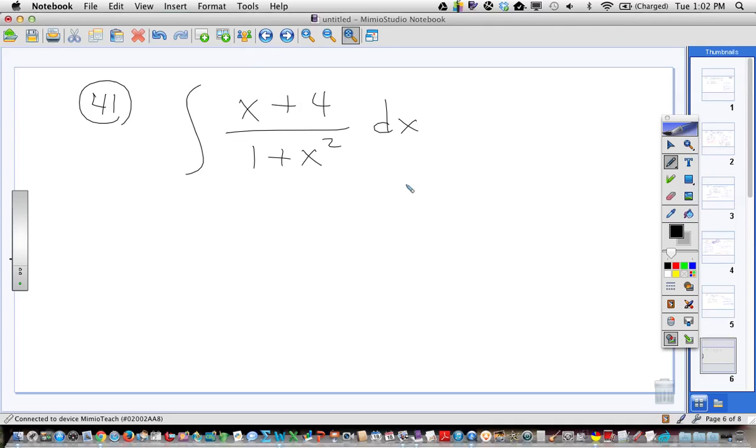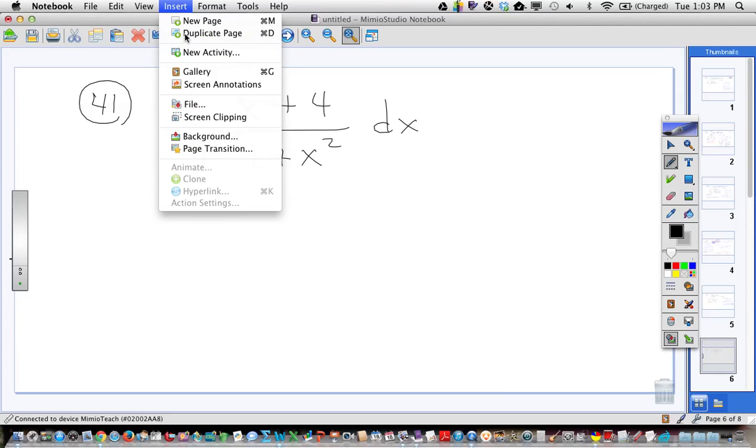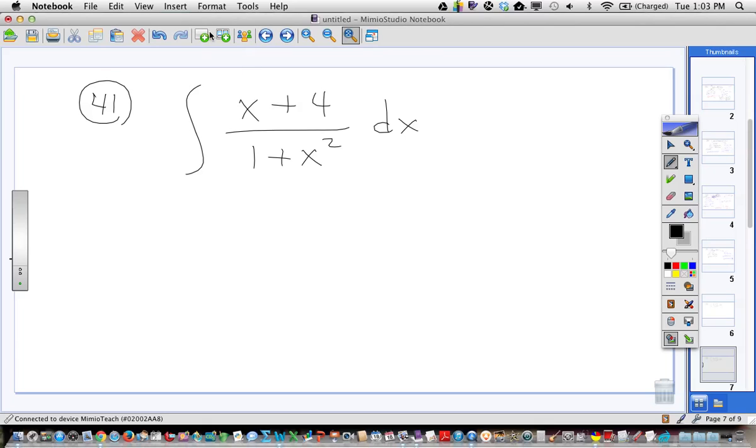But what do you run into if you let u be the bottom? Okay, if I let u equal 1 plus x squared, the du is 2x dx.